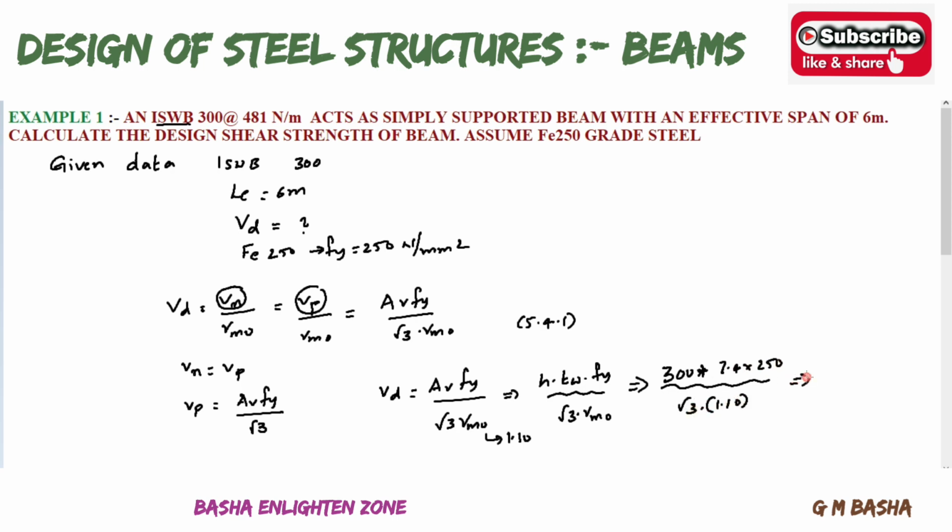If you simplify this, you directly get 291.29 kilonewtons. Like this you have to find the design strength directly from the steel tables.